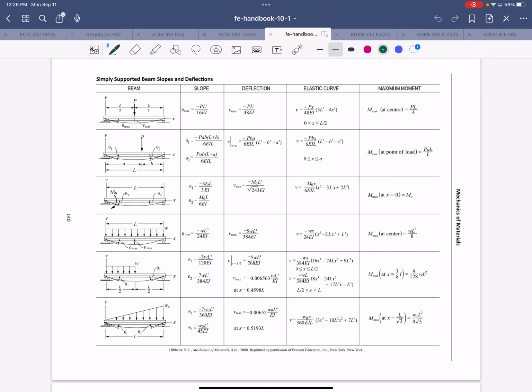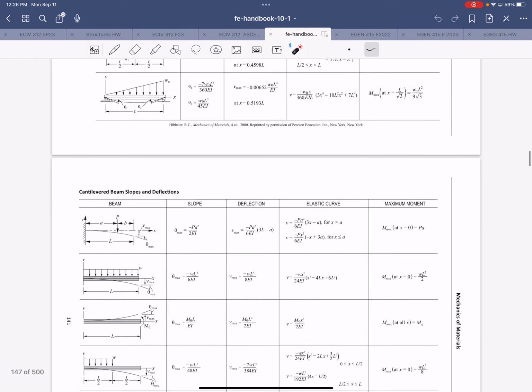And I think the example that we looked at, I said I don't know if the FE tables would be something that you could use to solve it, but looking through it, it should be, because I think the one in question was the distributed load over half the span, and they do have that one in here. So it's a pretty good representation of the different scenarios that you have.